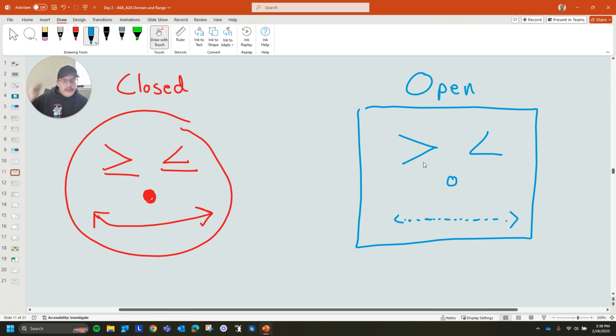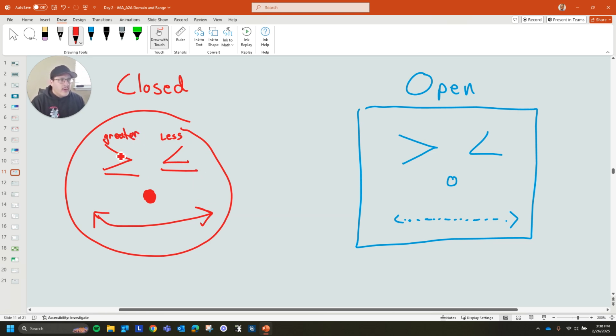So on a graph, you're going to be seeing certain things that's going to relate to certain symbols. So with solid dots, that's usually in reference to greater than or equals, or less than or equals. These signs that you're seeing right here, this is the less than or equal to, and this is the greater than or equal to. Okay?